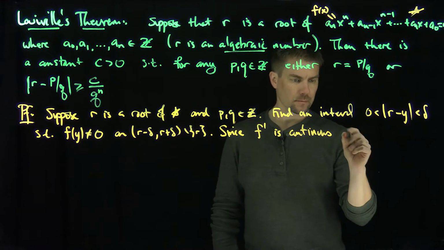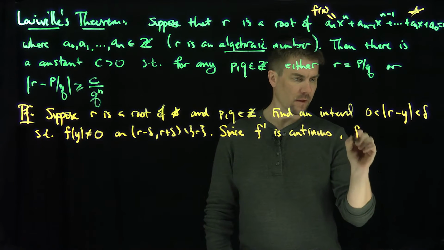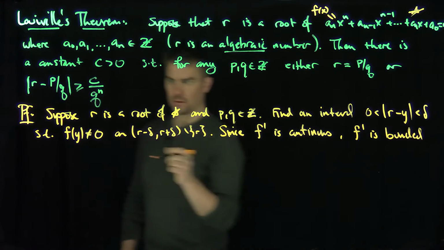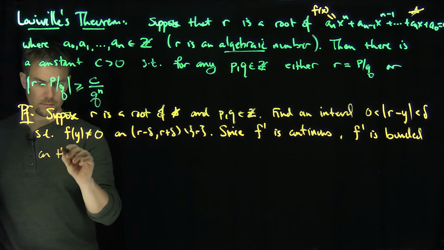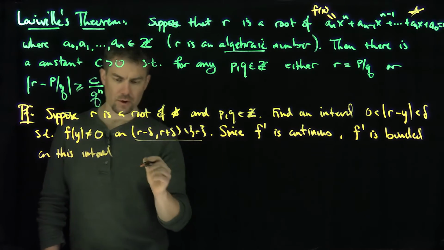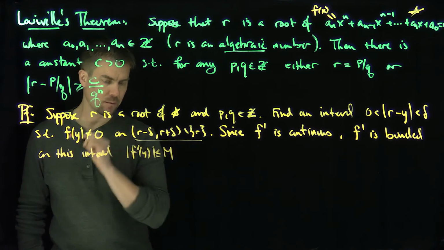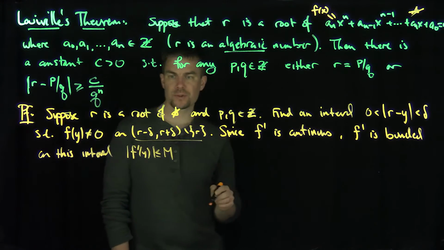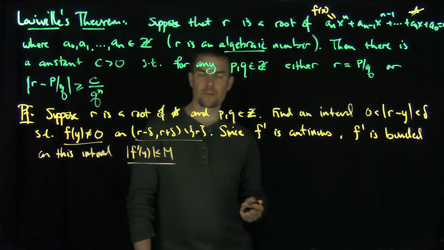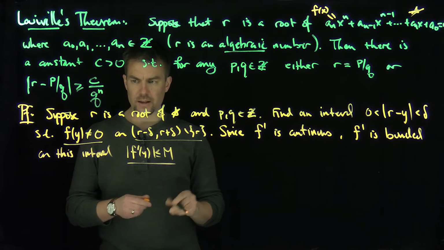There is an M. We know that f prime is bounded on this interval. So in other words, on that interval, we have |f'(y)| less than or equal to a constant M. So on this interval, there are no other roots of my polynomial, and the derivative is bounded on that interval. That bound will obviously depend on delta, right? That's fine. Okay? All right, excellent.